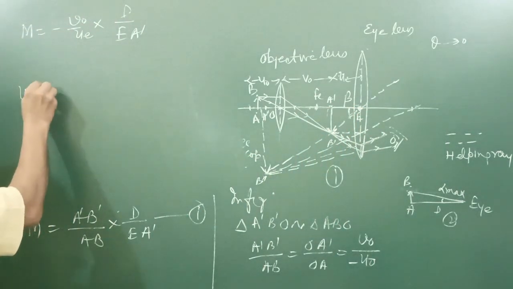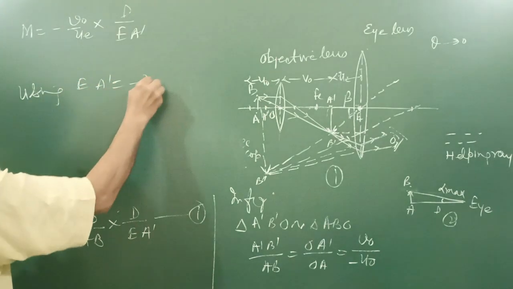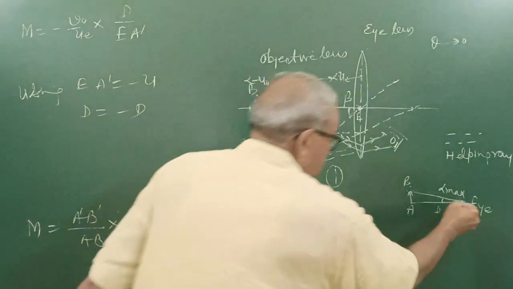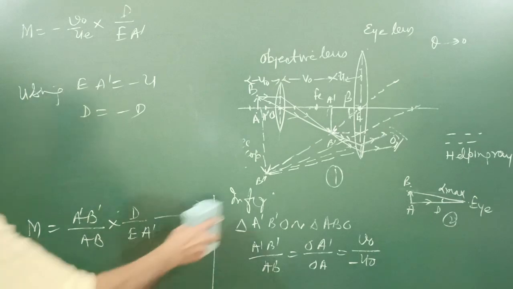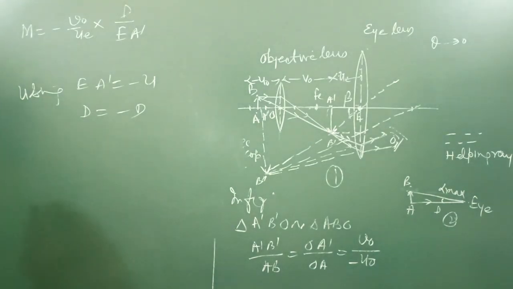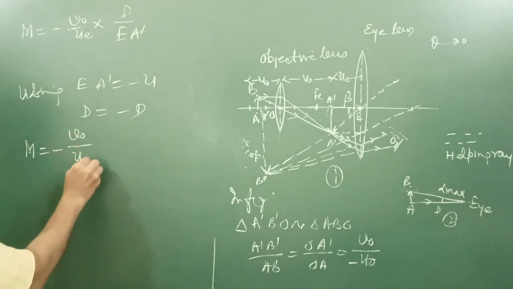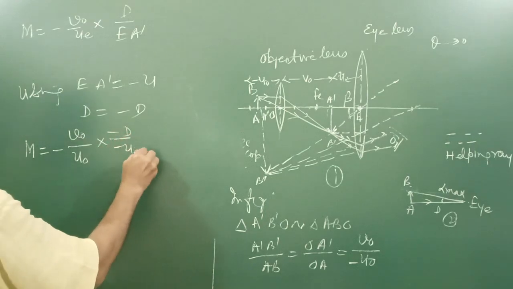Using E A dash equals minus U, and D equals minus D, because light is going this way, we get M is equal to minus BO over UO into minus D upon minus UE.